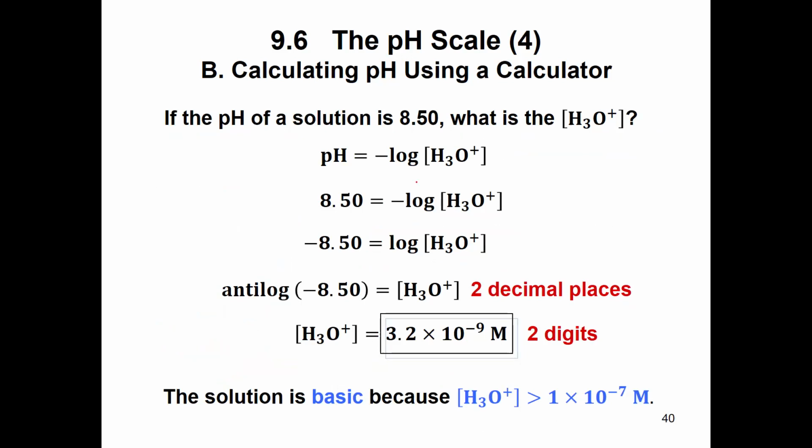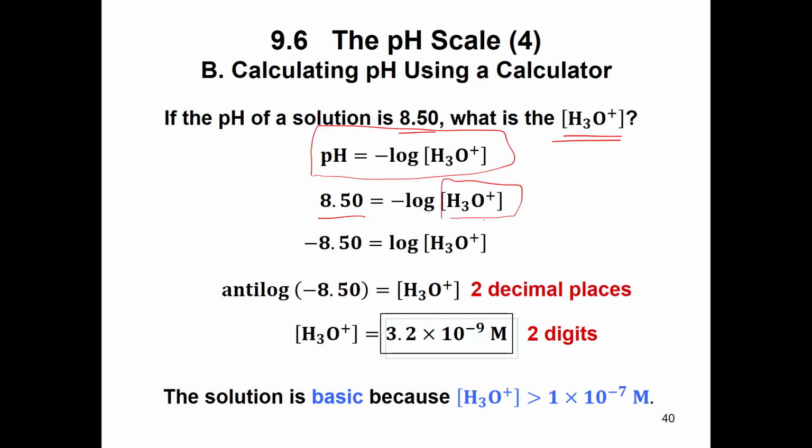If you have a pH which is 8.5, how can you find the hydronium ion concentration? Well, again, our original formula is pH equals the negative log of hydronium ion concentration. So 8.5 equals the negative log of H3O plus. Now, you're going to have to do the antilog of your 8.5.